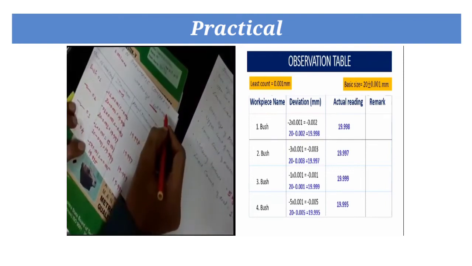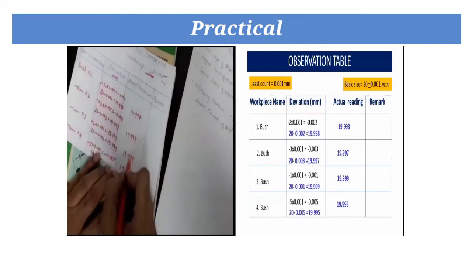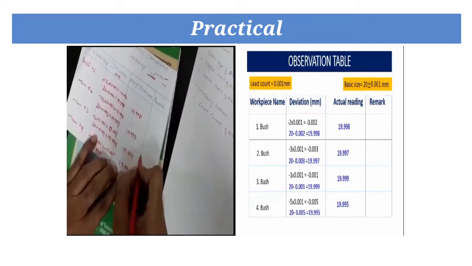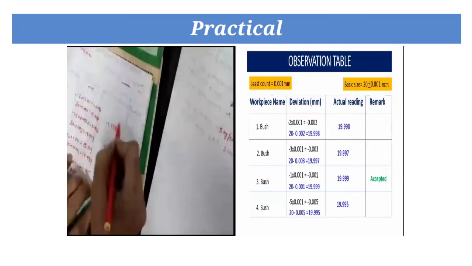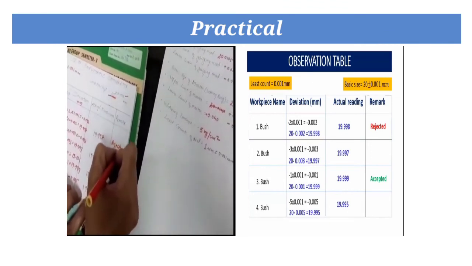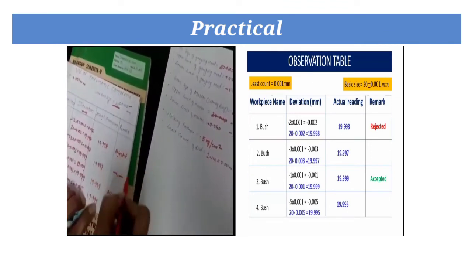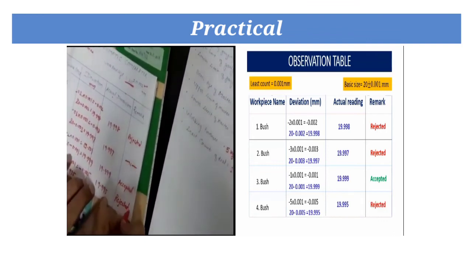So your acceptable value in plus minus is 0.001. Means this one, as we are getting the 0.001, this component gets accepted. This component again will get rejected. This is also rejected. This will also be rejected.